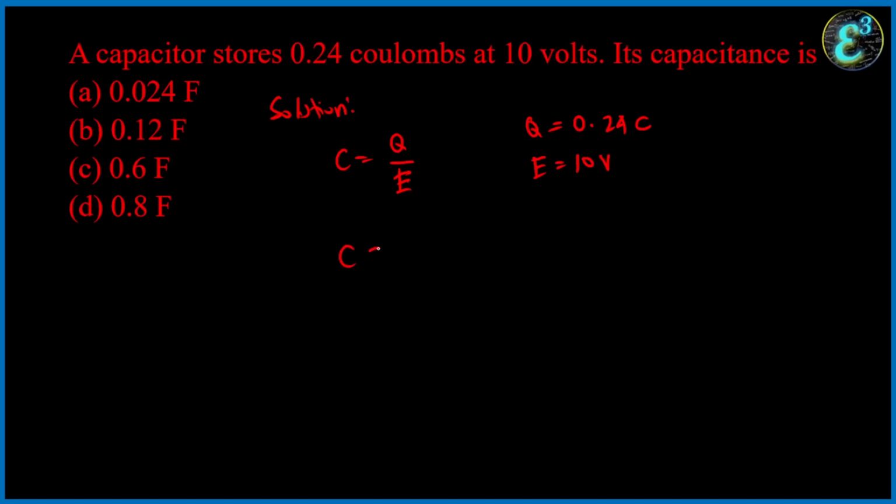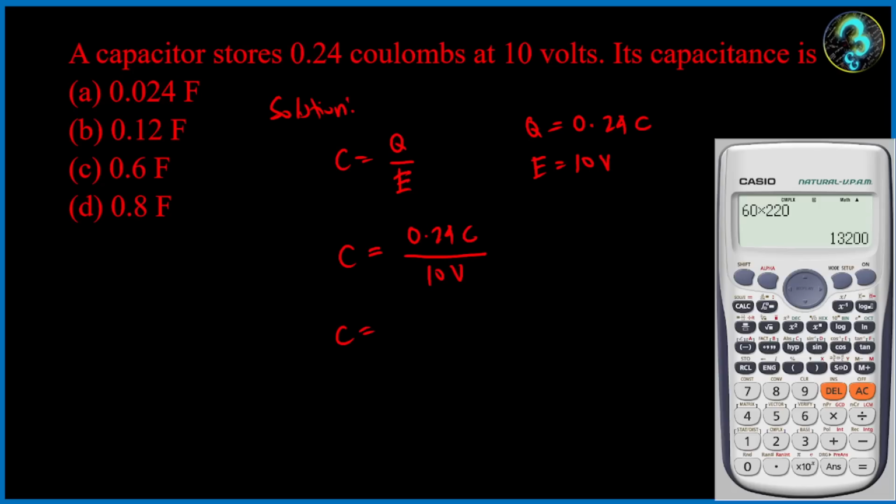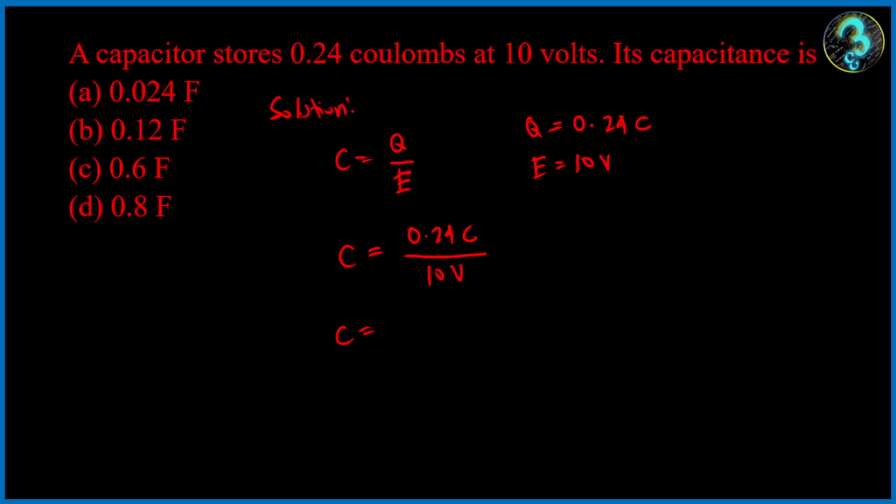So, substituting, we have 0.24 coulomb. Yun ang charge natin, divided by the voltage which is 10 volts. Okay? So, using our calculator, we have 0.24 divided by 10. That is equal to 0.024.